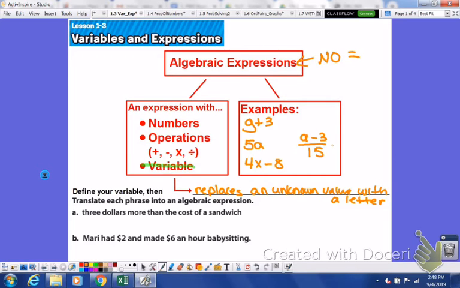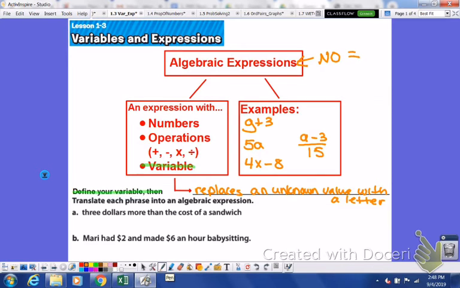So just like in yesterday's lesson, we're going to start with translating first. We look at part A. We have $3 more than the cost of a sandwich. Now real quick, notice above it, I didn't read it, but we always define our variable.